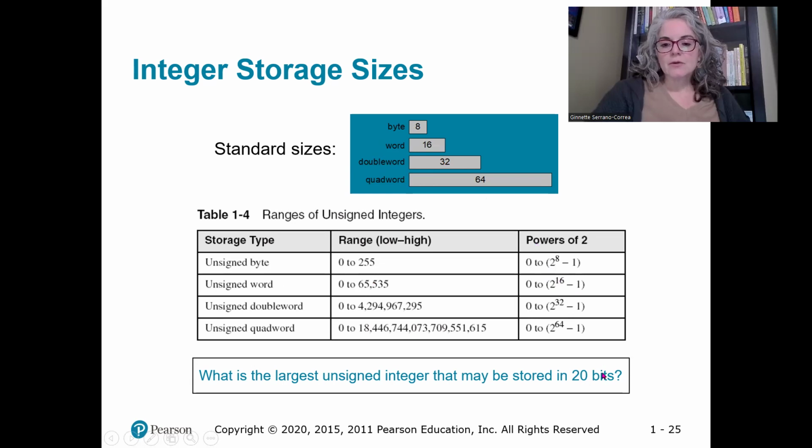So here, all you have to do is 0 to 2 to the power of 20 minus 1. You can get your calculator and do 2 to the power of 20, subtract 1, and that's going to be the range. Okay? That's the answer to that one.